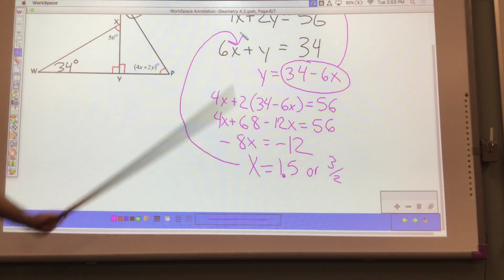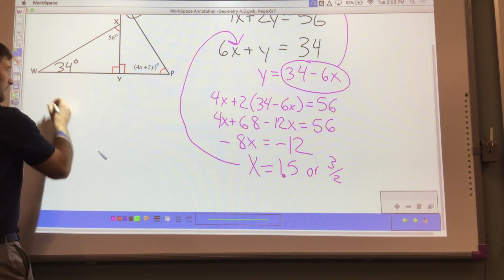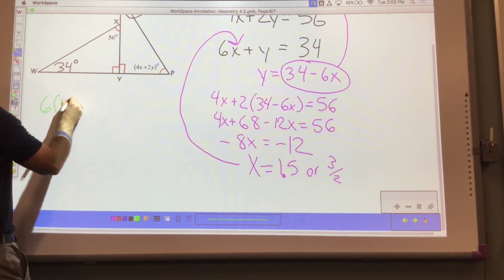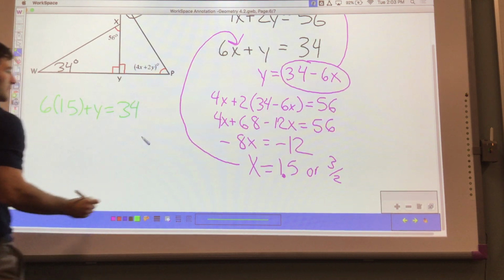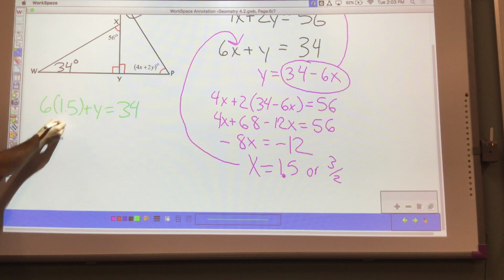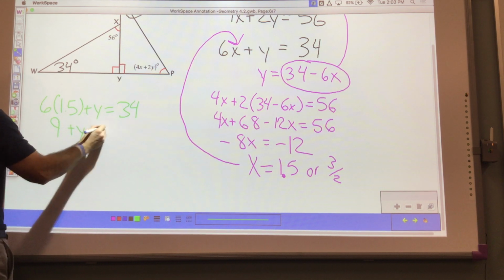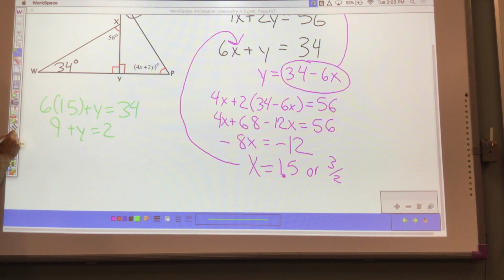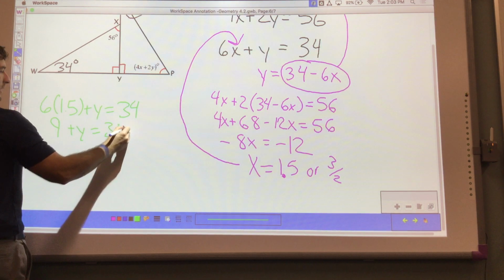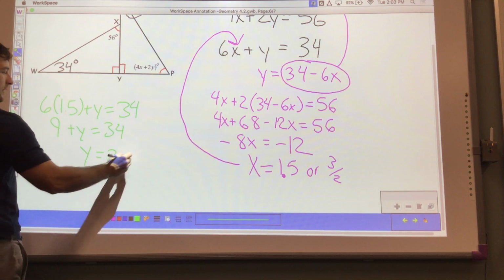So 6 times 1.5 plus y equals 34. 6 times 1.5 is 9. And then subtract your 9, and y is 25.